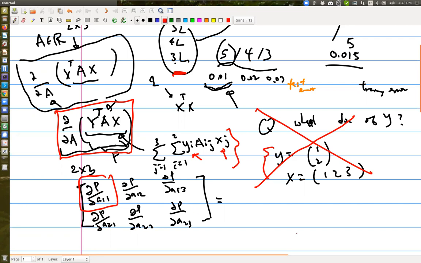What will be this one? Can you tell me what this one is? The question is, what is the partial derivative of y transpose A x with respect to A11? Oh, sorry, this is x.